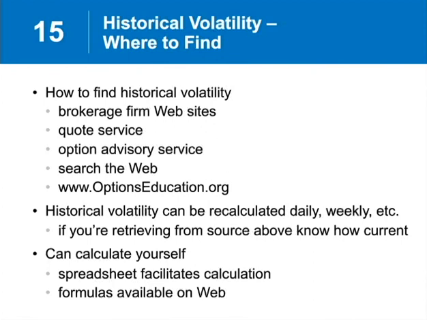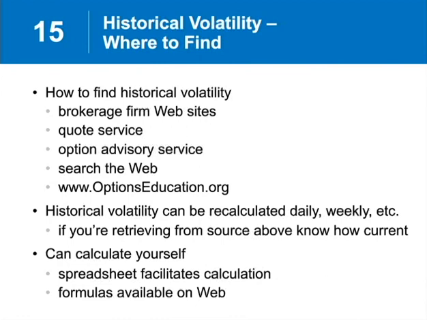Historic volatility, you can find the number all over the web. Your brokerage firm is certainly going to have that information. Various quote services at our website, optionseducation.org. You can find historical volatility on any of the 4,200 plus underlyings that we do trade options on in the listed universe.